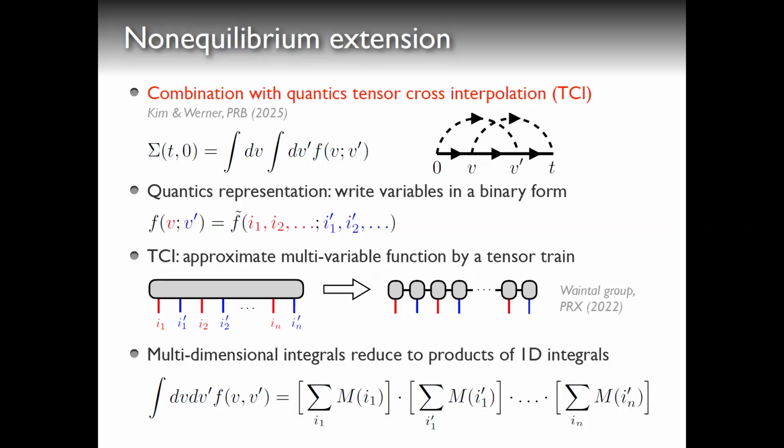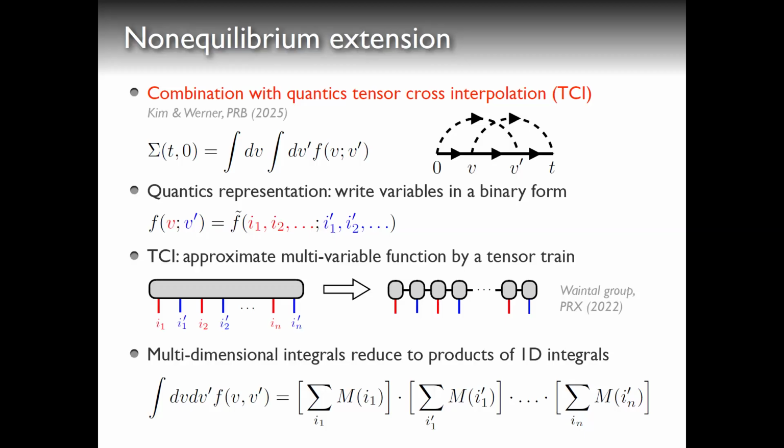Let me just say a few words about recent developments in the impurity solver field. One challenge in these diagrammatic approaches is that as we go to higher and higher orders, the cost escalates because, first of all, the diagram topology, the number of diagrams, increases very fast.